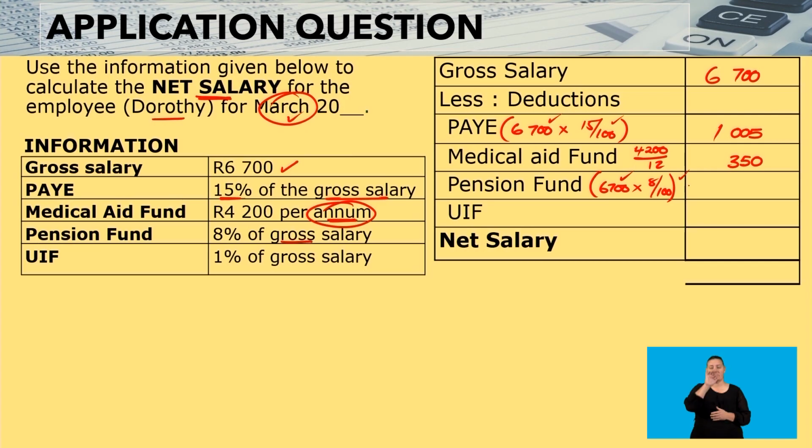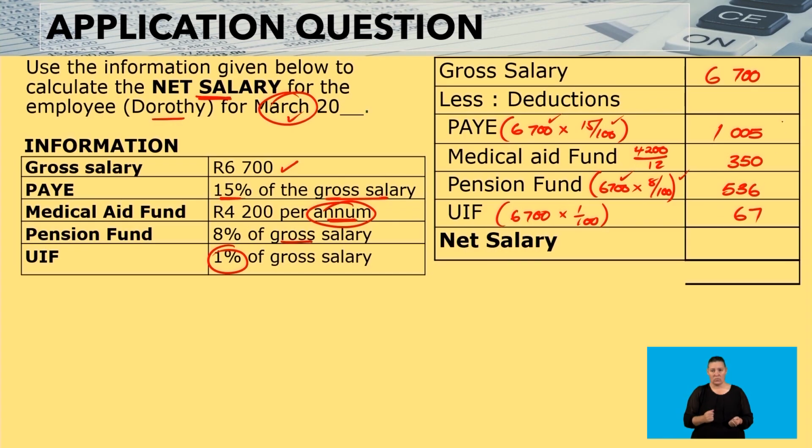It should give you 536. Then lastly, UIF, 1% of gross. My gross is 6,700 and I want 1% of that. That is going to give me 67 rands.